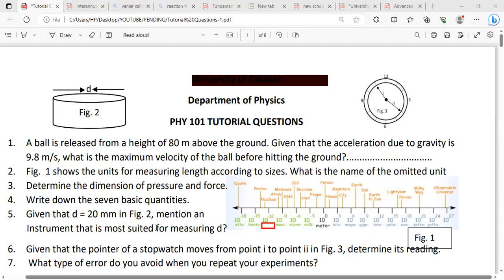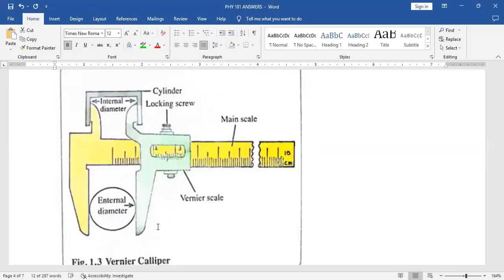There are instruments we can use to measure internal and external diameter of small shapes. The vernier caliper has those qualities. So this is the vernier caliper.